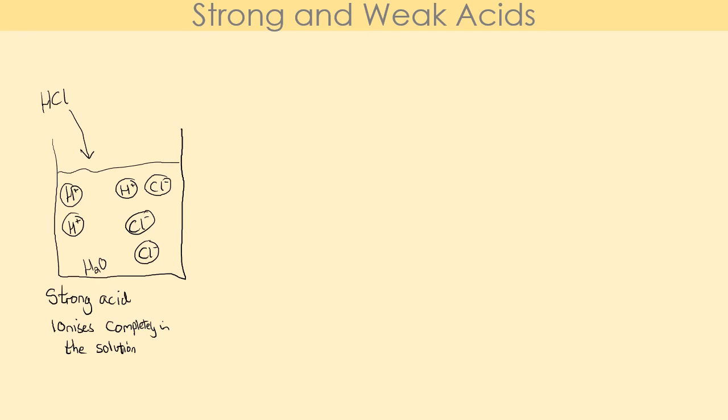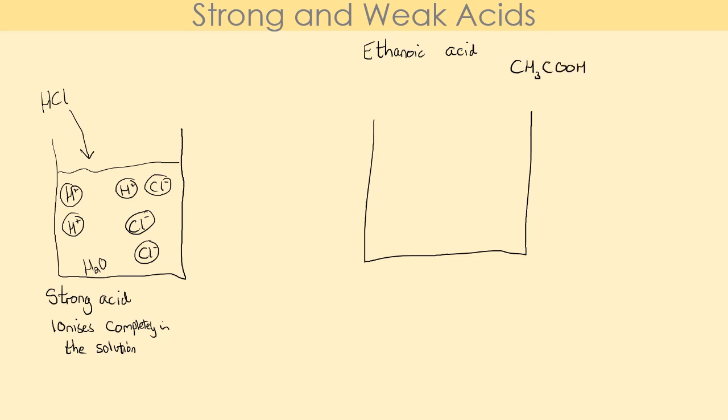We have no HCl's left together. They've all split apart. If we have a look at a weaker acid, so if we look at ethanoic acid or vinegar, which is CH3COOH, it is this H here that will ionize.